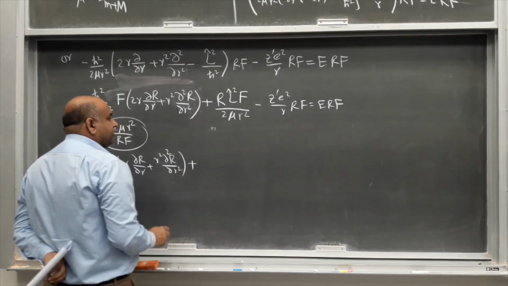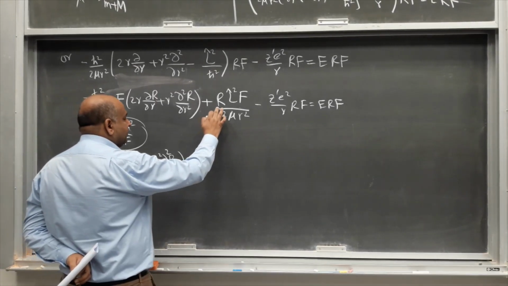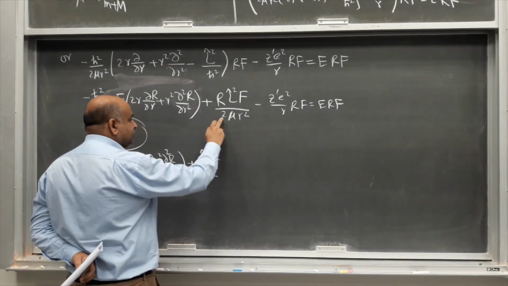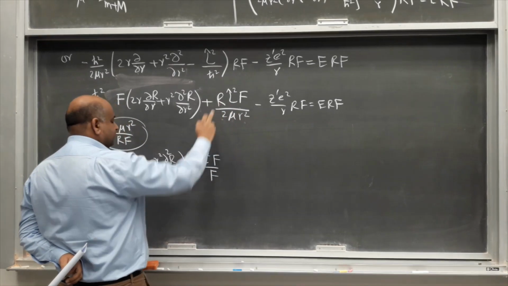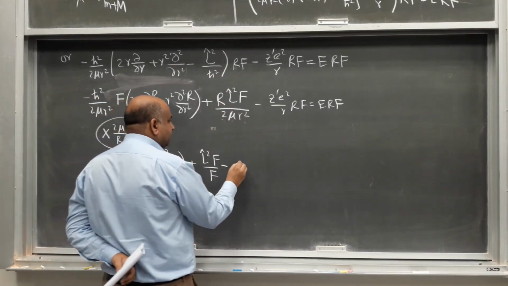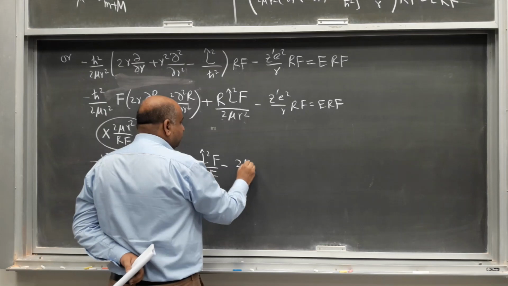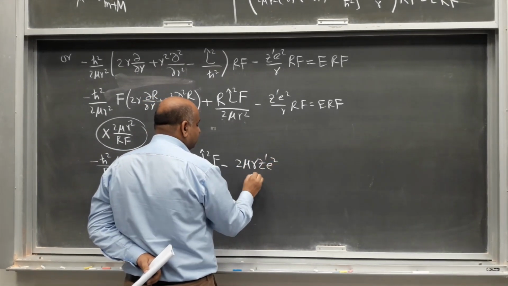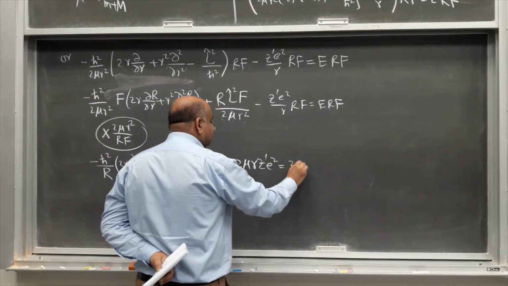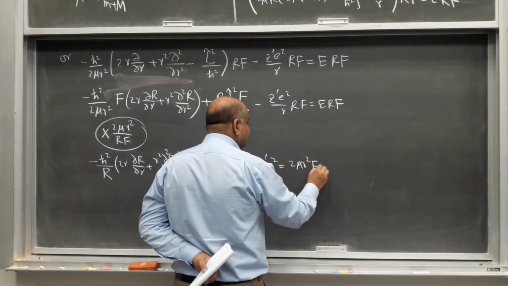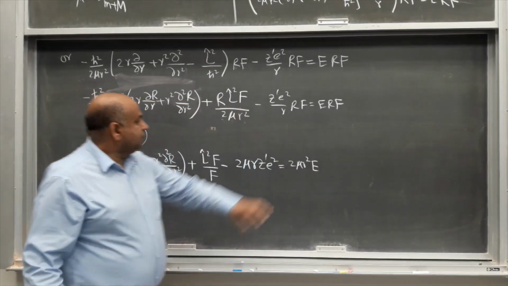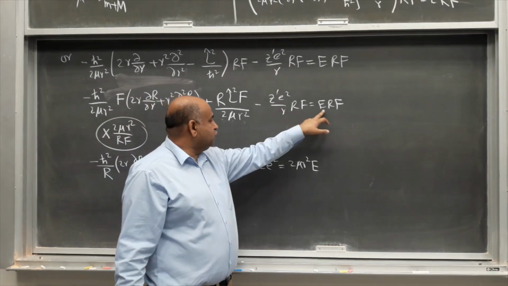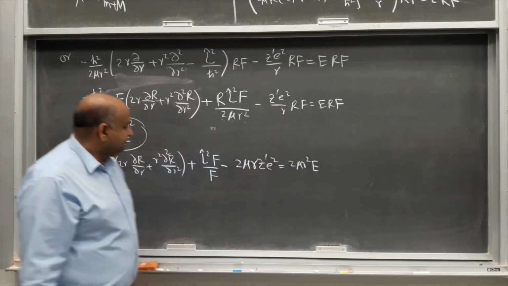And over here I get L square f over f, because this is cancelled and R is cancelled and f is left here. So here I get 2 mu r z dash e square is equal to 2 mu r square E, because this R f is gone, and one r is cancelled. Okay.